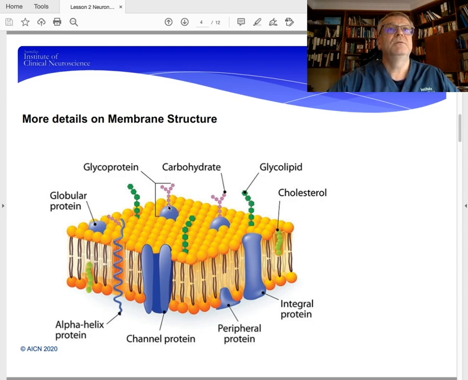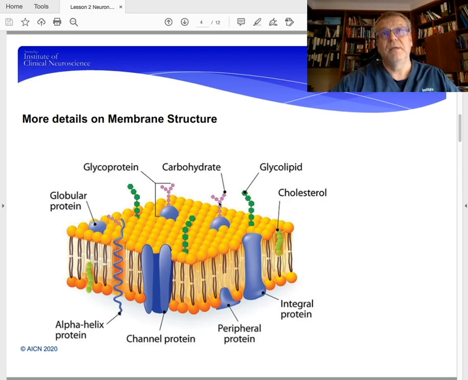So these glycoproteins, carbohydrates, and glycolipids act as very specific attractors or very specific signaling components of the cell membrane, for signaling and for identification of the cell.